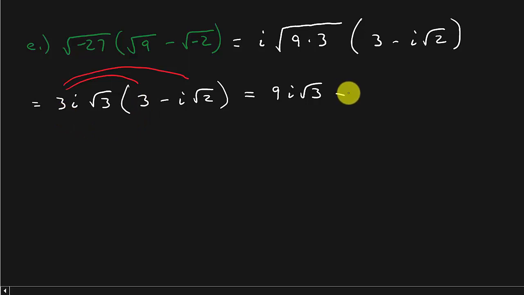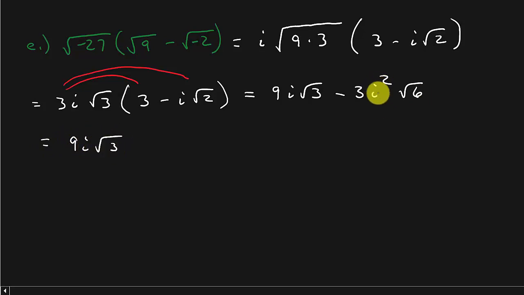And then minus, so now let's multiply these. So that's going to be what? 3i squared. See, the i times i is i squared, and square root of 3 times square root of 2, that is square root of 6. And so I get 9i square root of 3.